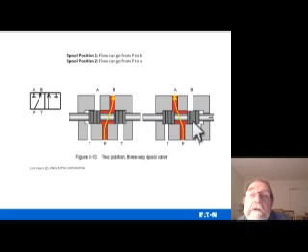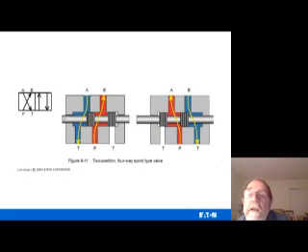See where A doesn't have any flow to anywhere, back to the tank or anywhere. Now in this position here, you have pressure going in this way, so it would be this right here. The drawing would relate to the physical, the way it looks in the directional control valve. And again, here's one with a crossover and straight through.